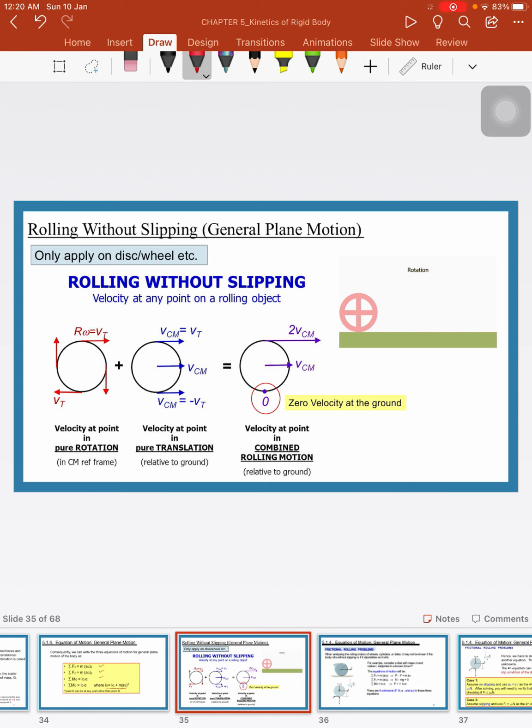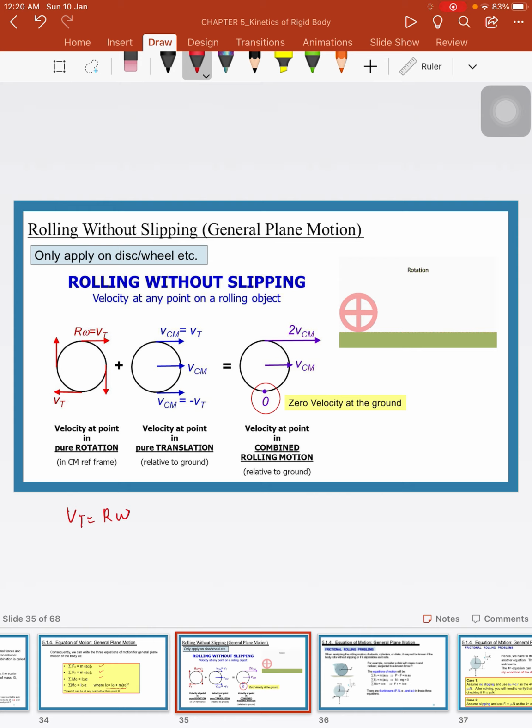So to find velocity at any point on a rolling object, first, velocity at point in pure rotation, in center of mass reference frame, we know that Vt equal to R omega.